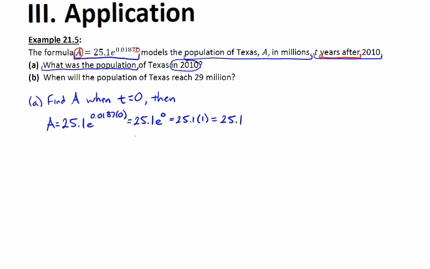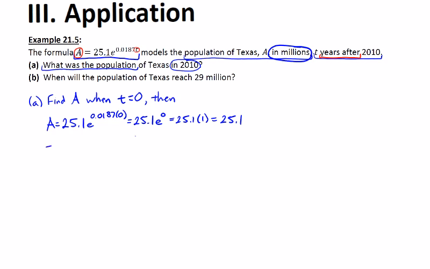But of course 25.1 is not the population of Texas in 2010. There's probably 25 people in each one of your classes when the semester starts. So we have to make sure that we realize that the narrative mentions that this is going to be in millions for this value.